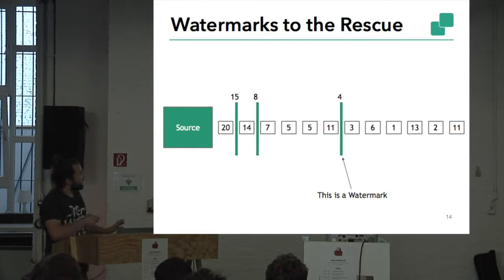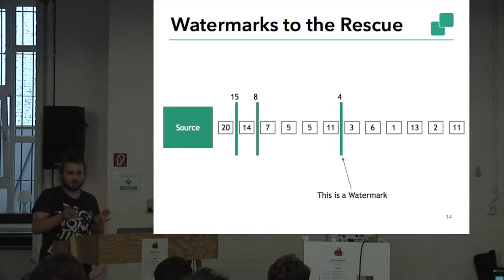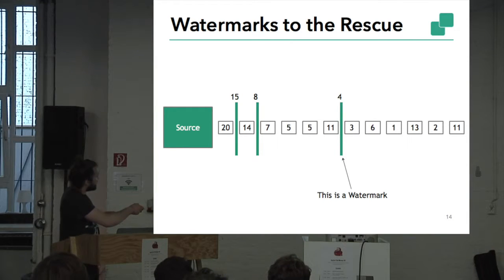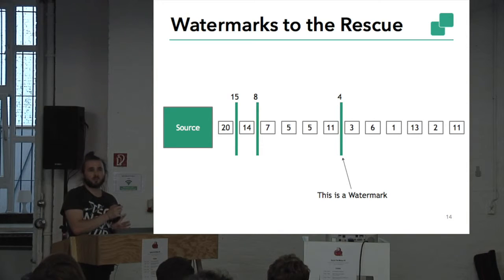So basically, how watermarks work is, this is a source, and it emits elements, and this is the stream of elements. And as you can see, the elements are not in order of their timestamps. So what we do is, at specific points, you emit watermarks, and they are intermixed in the stream. At this point here, we have watermark 4, and what this watermark says is that once an operator sees this watermark, it is guaranteed that no element with a lower timestamp than the watermark timestamp can arrive.